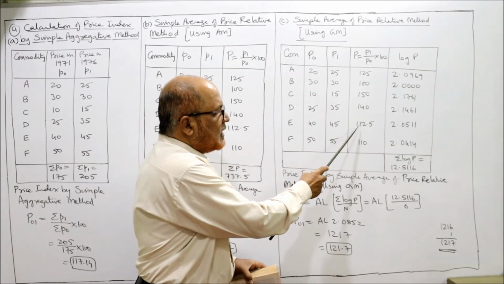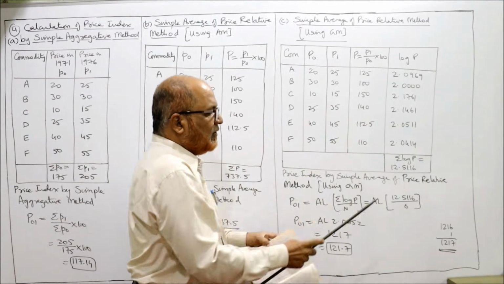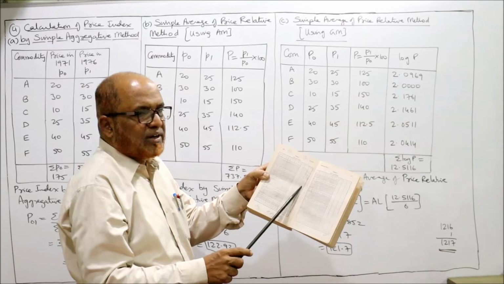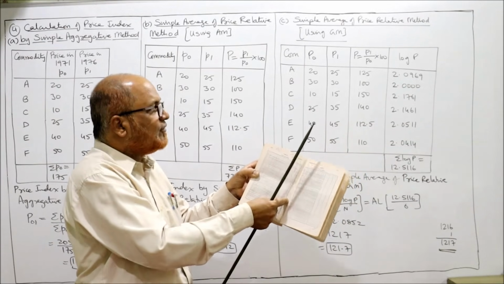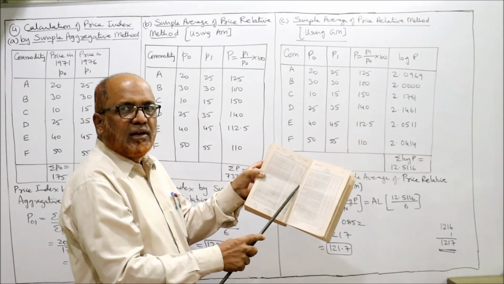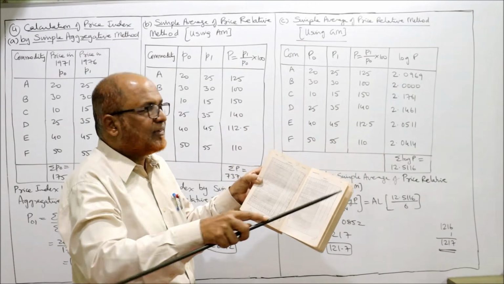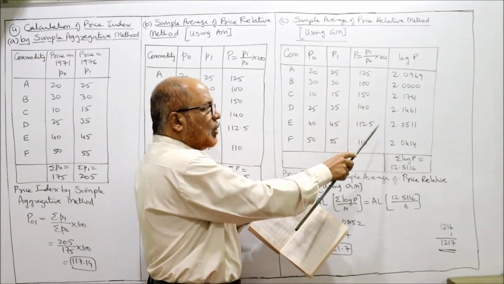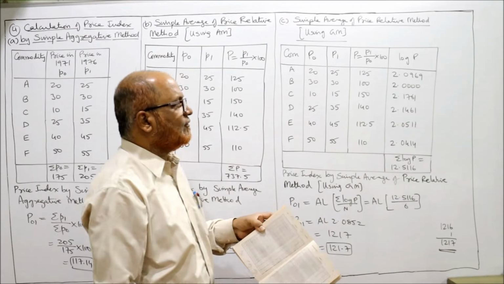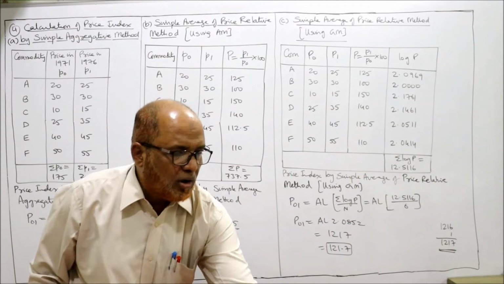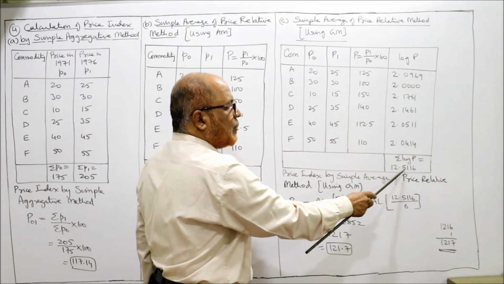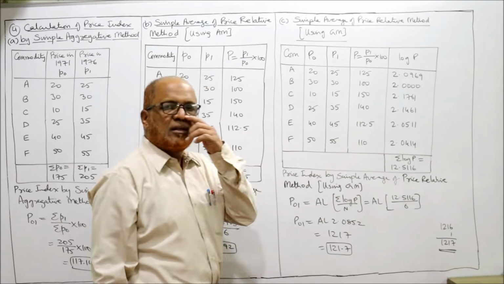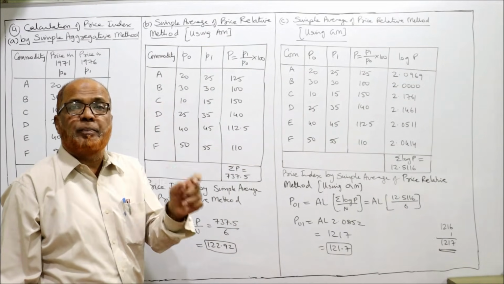Here again I repeat: 11 under 2, mean difference 5. Look under 5 in the row of 11, and add both, you will get 0511. So we got summation log P, the total, 12.5116.